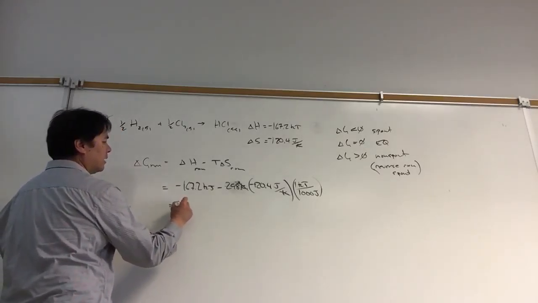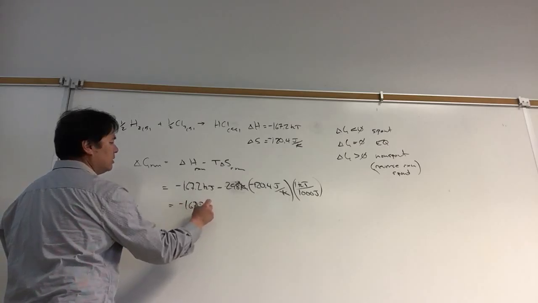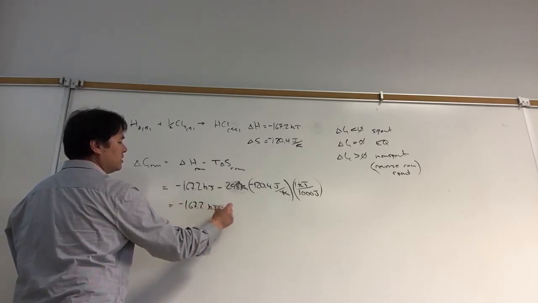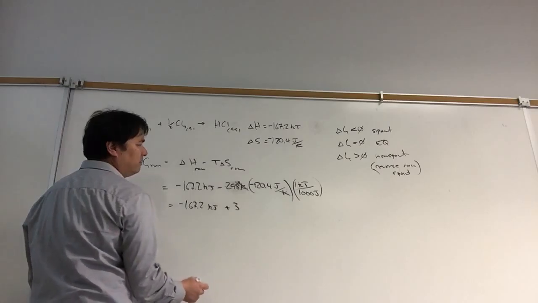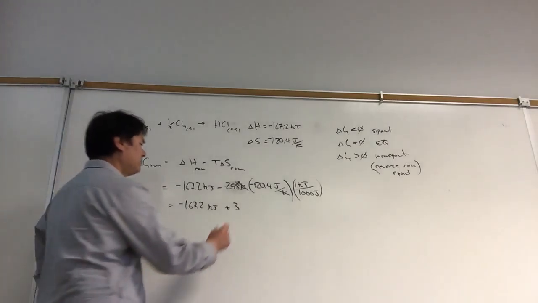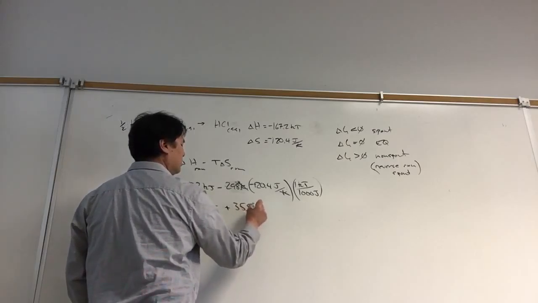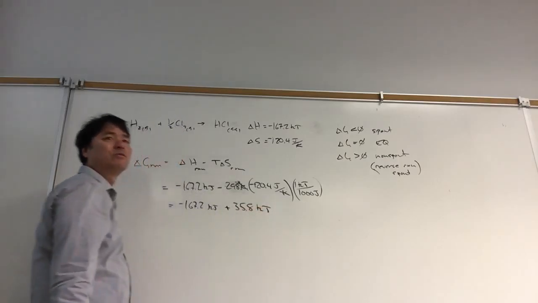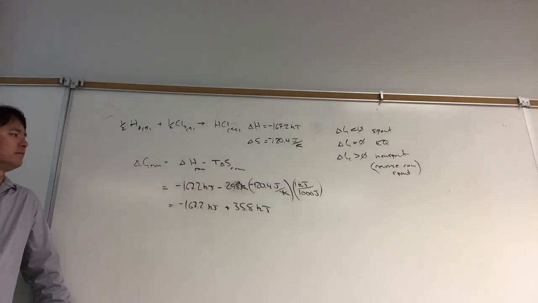And so this is what I get. I get minus 167.2 kilojoules versus plus 35.8 kilojoules. Which one's going to win out?